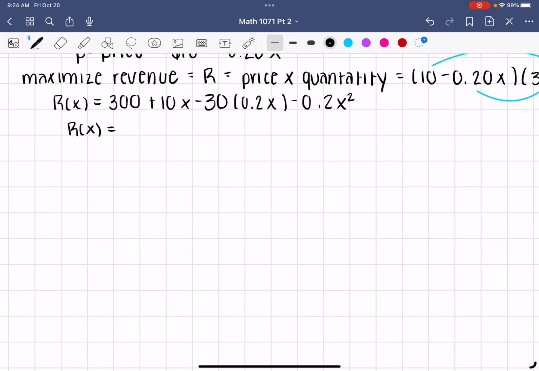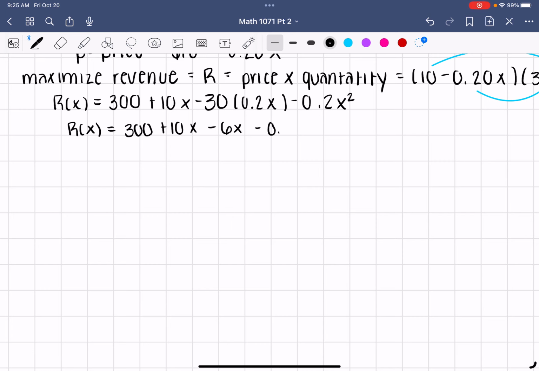And so 10x minus 6x is 4x. So there's our revenue. And the question is, what X maximizes revenue?